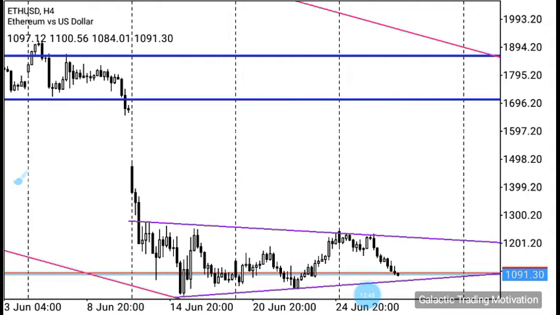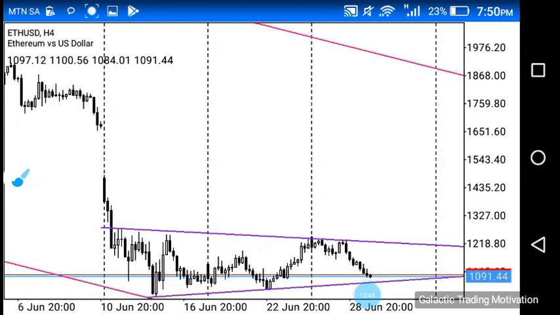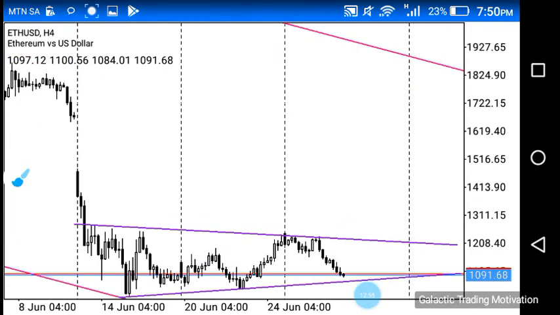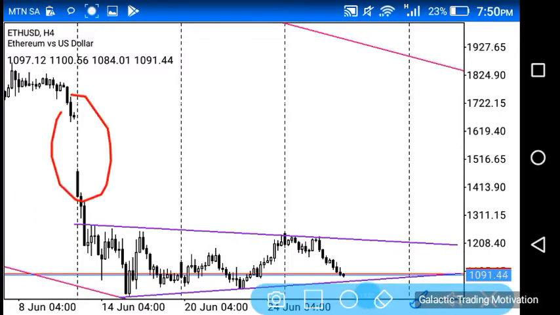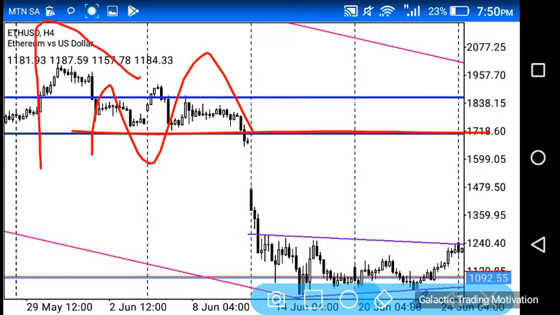So as I said, guys, price is moving sideways in this region at the moment, and at this point in time I don't see any possible buying or selling opportunities. Just bear in mind that we have this gap over here, another M formation over here with the neckline being there, and that huge head and shoulders pattern.